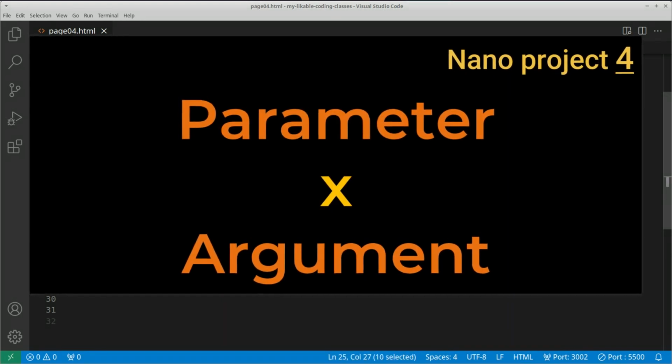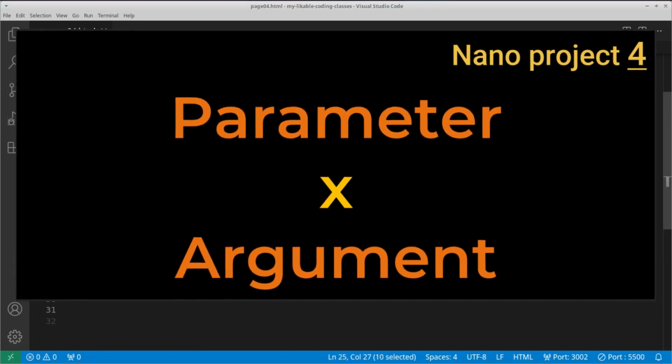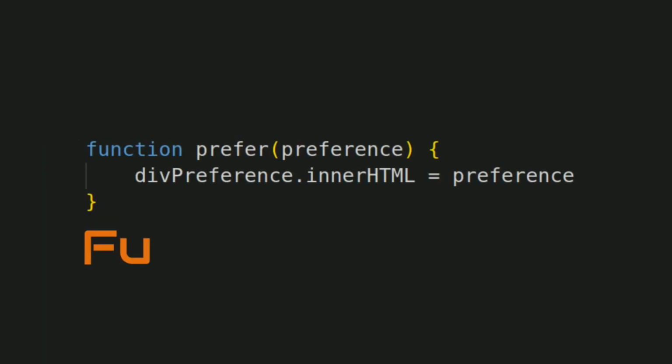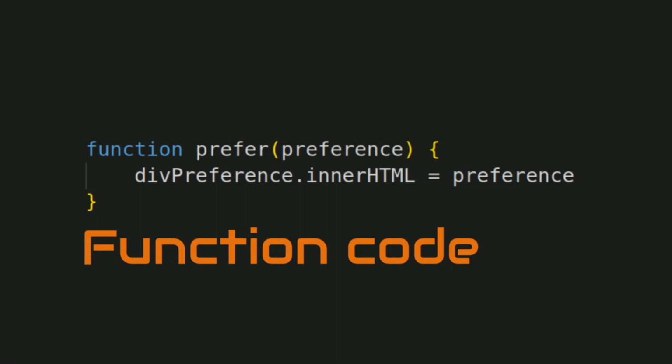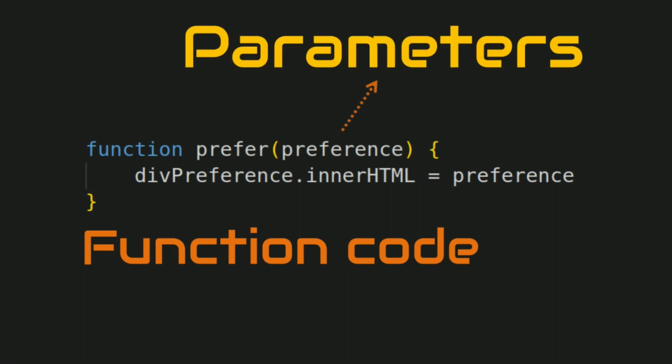By the way, did you get the difference between parameter and argument? In the function source code, between the pair of parentheses, we may have one or more parameters. And inside the function code block, we can use them whenever and however we want.